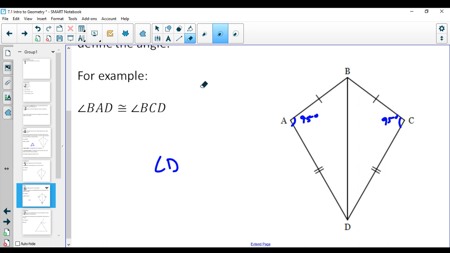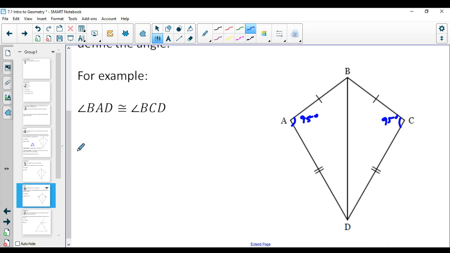So that's why, for specifics, you need all three. So maybe I'd say angle ADC, and then I would know ADC is this whole thing, right? So it makes it really specific what we're talking about. So we need 3 points when we're talking about an angle.